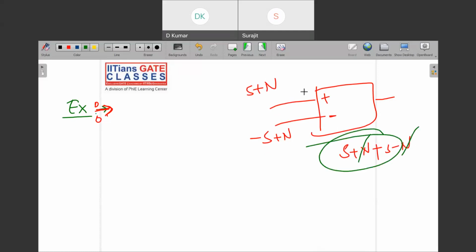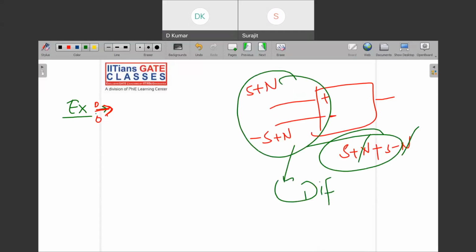You will get the signal only. That's why we go for differential measurement. In case of a differential amplifier, this is the differential measurement, right? So the first stage should always be a differential amplifier, sir, for any instrument. That's why op-amp is mostly used today in the world, because it is a low noise amplifier.